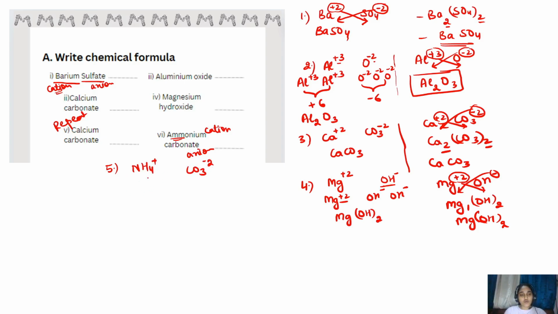We need 2 charge, 2 plus 2, that means we have to take 2 ammonium ions and 1 carbonate. And by the other way, this 2 goes here and 1 goes here, (NH4)2CO3.